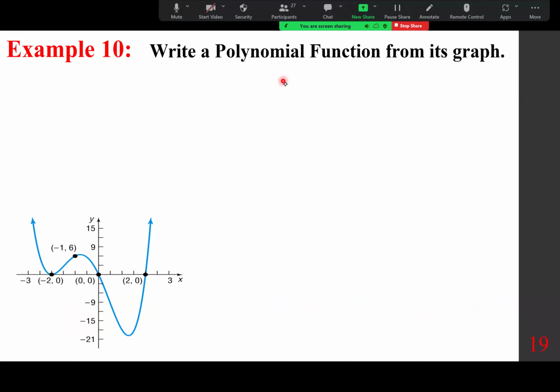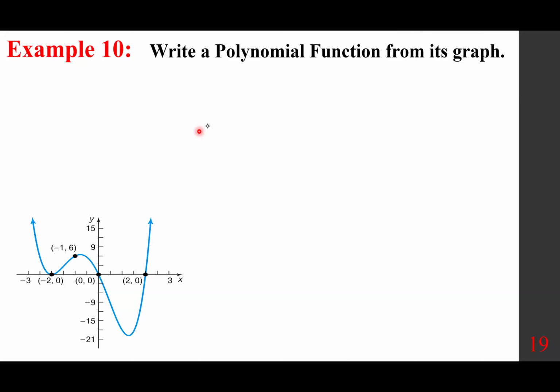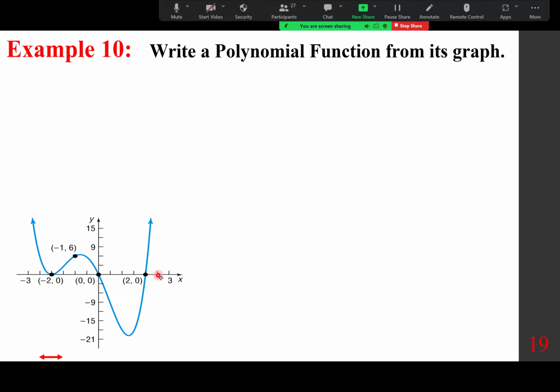Example 10, write a polynomial function from its graph. You pay attention to what is given, and that means you start with intercepts. So you see the intercept here, here, and here.